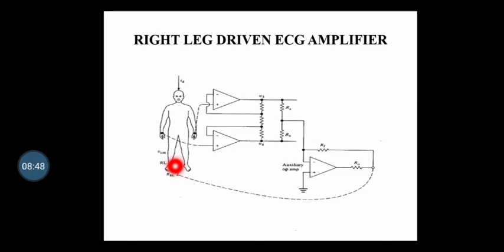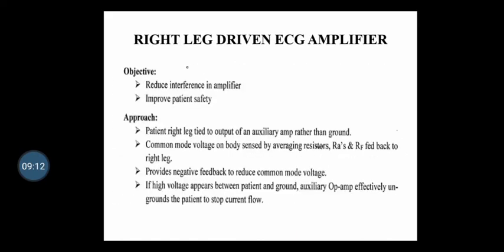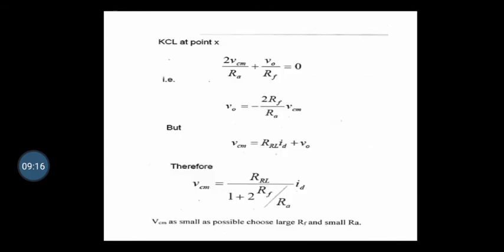Similarly, the unwanted electric signal ID enters the human body and is passed away through this right leg tied arrangement. In that manner we correctly sense these two measurements. This is known as the right leg driven ECG amplifier. I hope you understand what is meant by the right leg driven ECG amplifier.